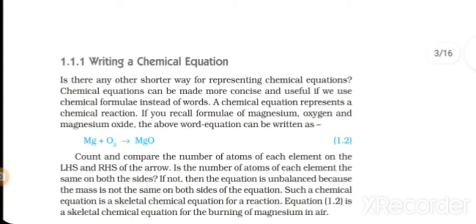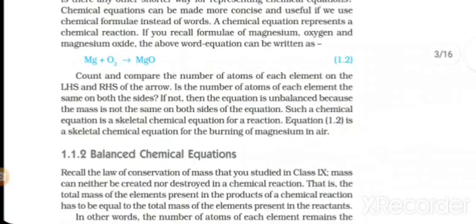Okay, so they authorize a particular symbol to be used for a particular element. So likewise for magnesium, we have adopted the symbol as Mg, and O2 for oxygen. Since oxygen atom doesn't exist in a singular form, we have written it as O2, that is oxygen twice.